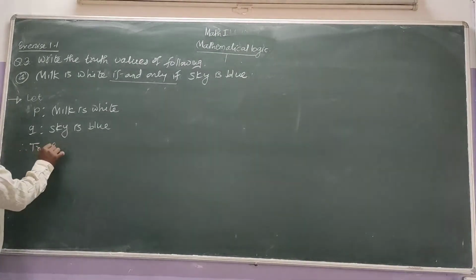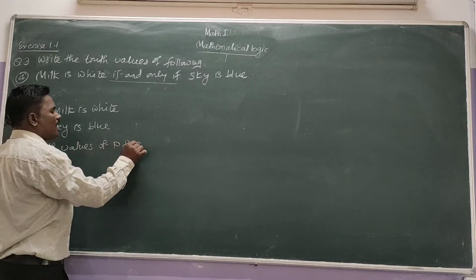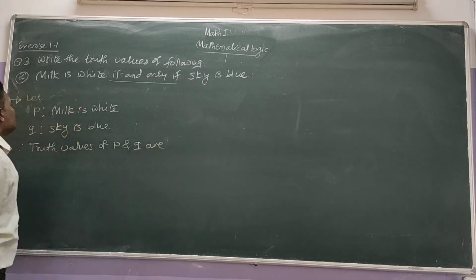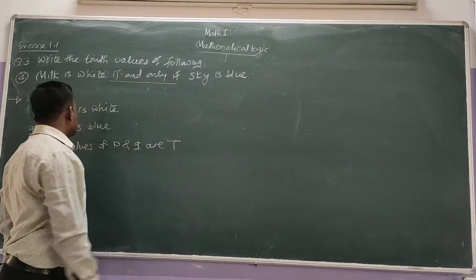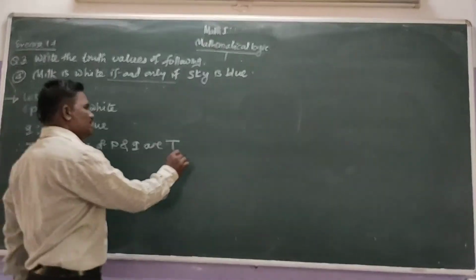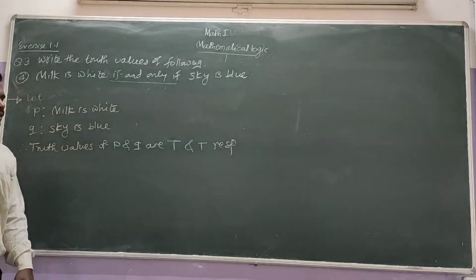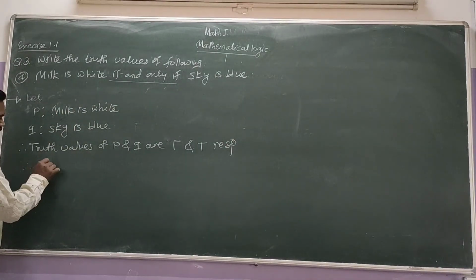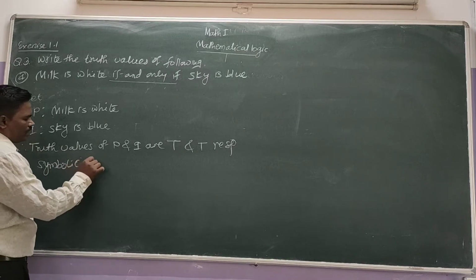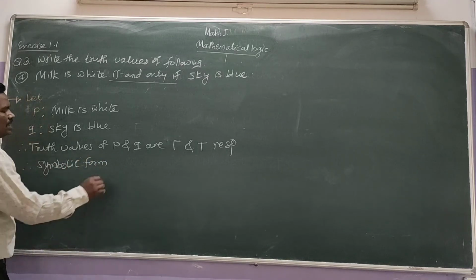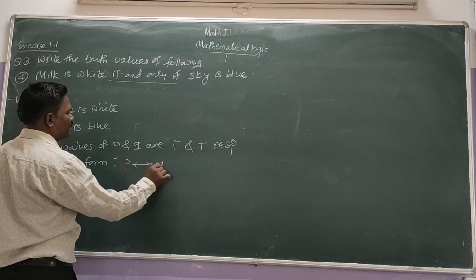Firstly write the truth values of p and q. Truth values of p and q are: firstly, p is milk is white and that is true. And second, sky is blue, it is also true respectively. Therefore, p is true, q is true. Therefore, symbolic form of the given compound statement is p if and only if q.